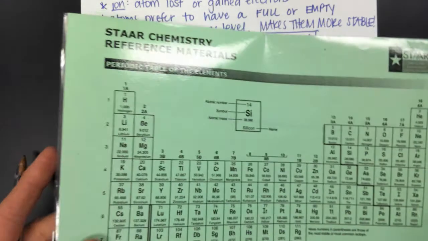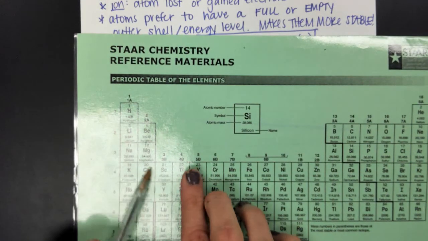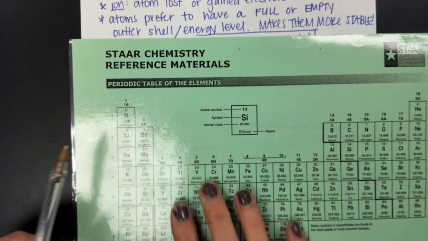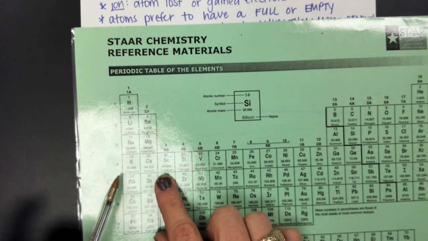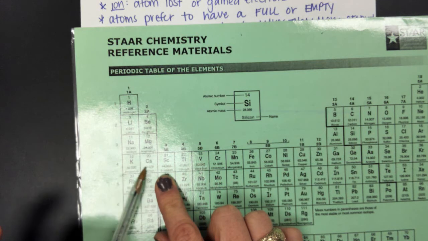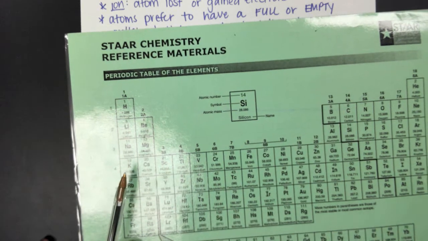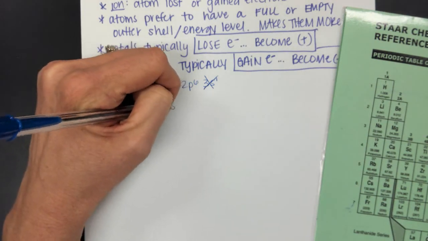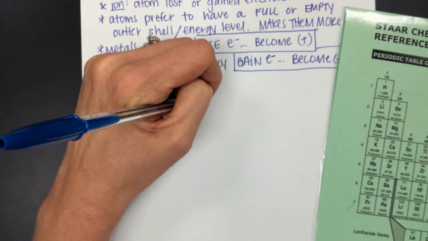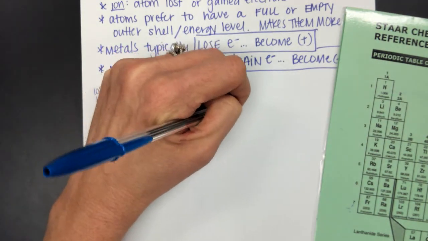Okay? So calcium over here, 4s2, okay, but we decided he's losing 2 electrons. So are you even going to need to write the 2 electrons in that 4s sublevel? No. So you're going to go 1s2, 2s2, 2p6, 3s2, 3p6.